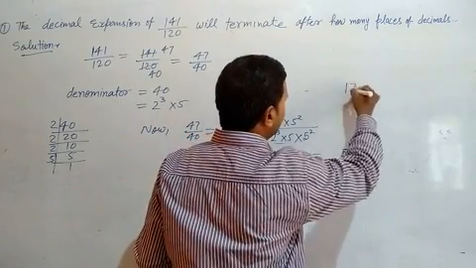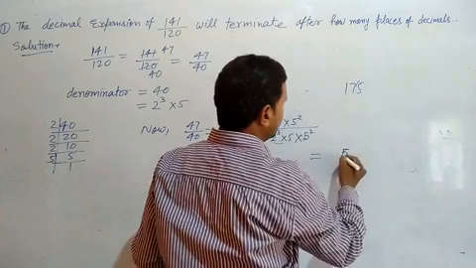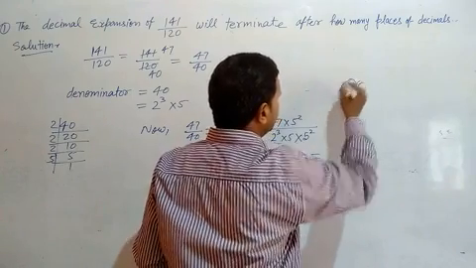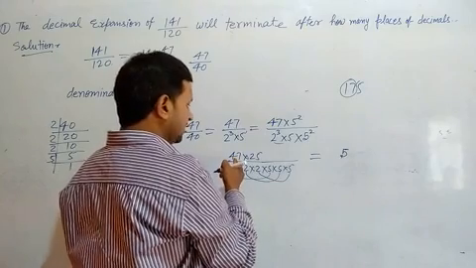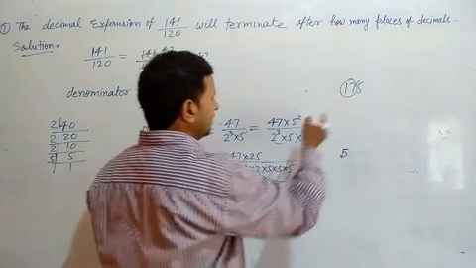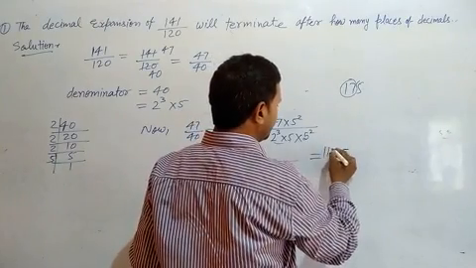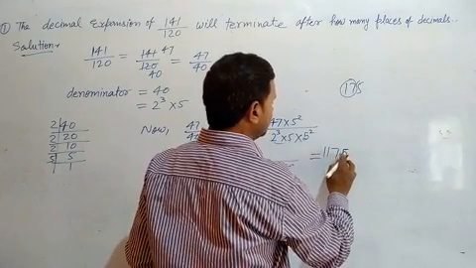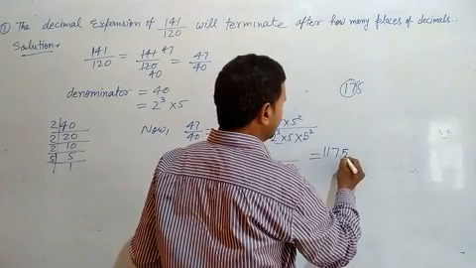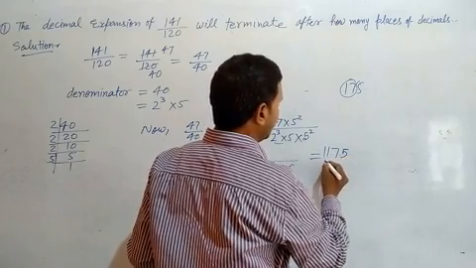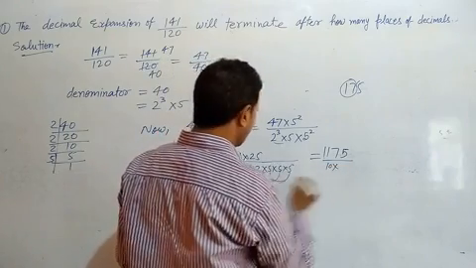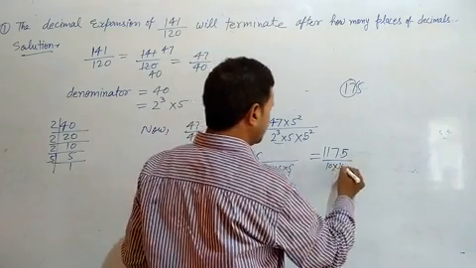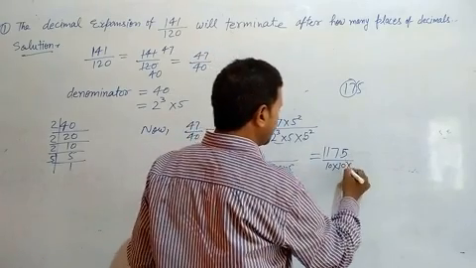Write 175, take 5, carry 17. Again 25 times 4 is 100, plus 17 is 117. So 1175 upon 10 times 10 times 10.